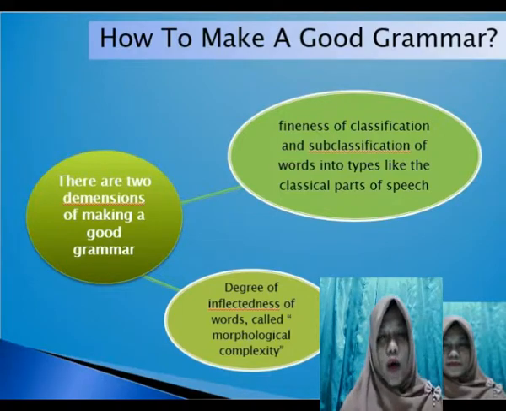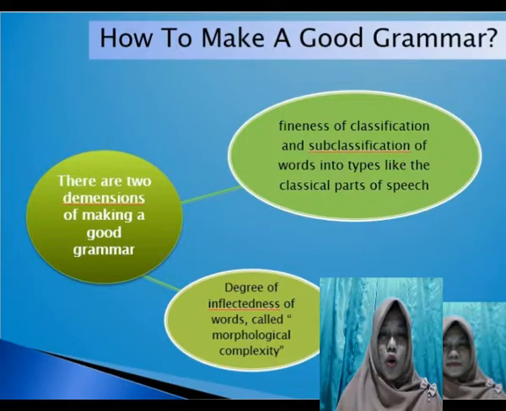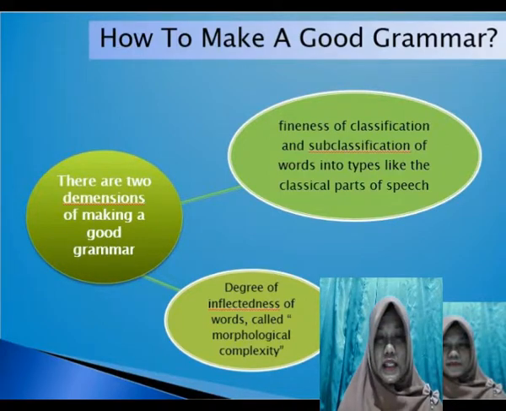The second one is the degree of inflectedness of words, called morphological complexity by linguists. It is how to construct new words by adding a suffix and or prefix without changing the word class.